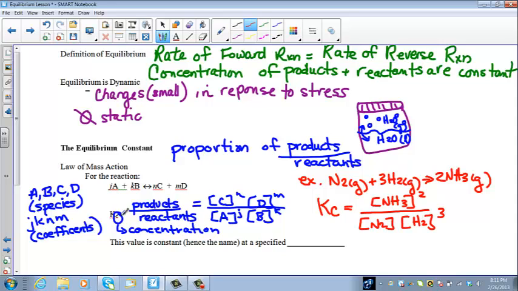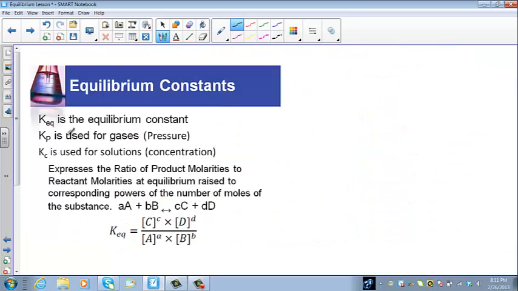Now this value of Kc is constant, hence the name constant, at a specified temperature. If you change the temperature, you're going to change the constant, which is important to remember. So let's review. Keq is the equilibrium constant. Kp, as you are going to see, is used for gases, for pressure, and Kc is used for solution concentrations.